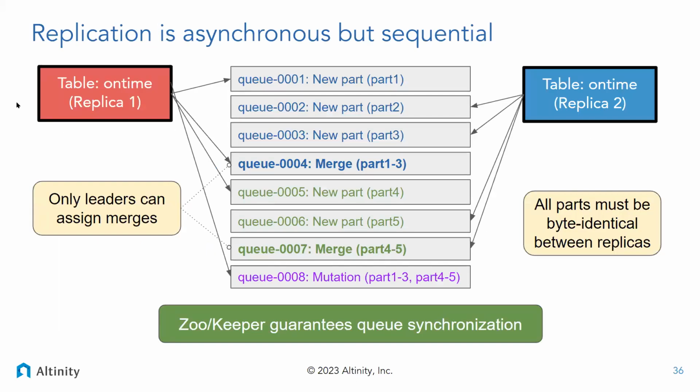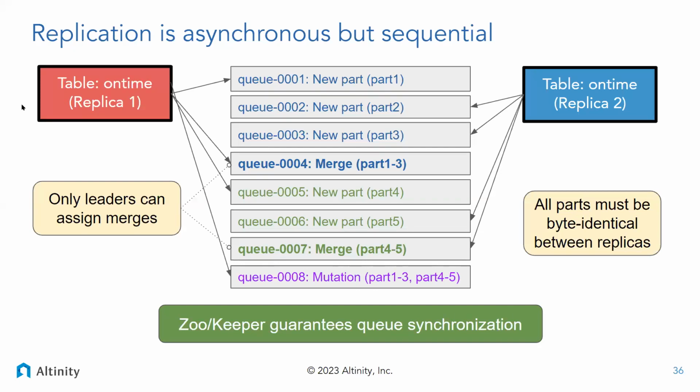One of the things that's really important to understand is that replication is asynchronous, but it is sequential. Just 1 second. Oh, by the way, thank you, Alexander is answering questions here. Great.